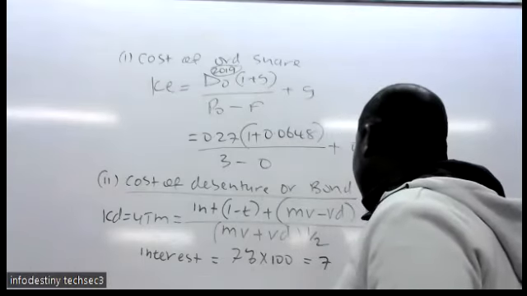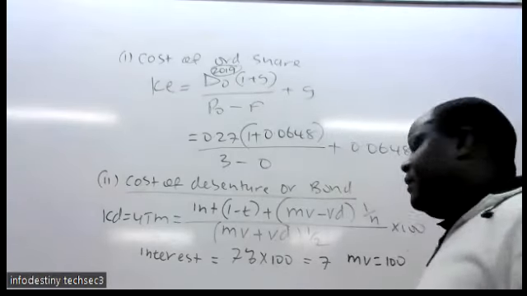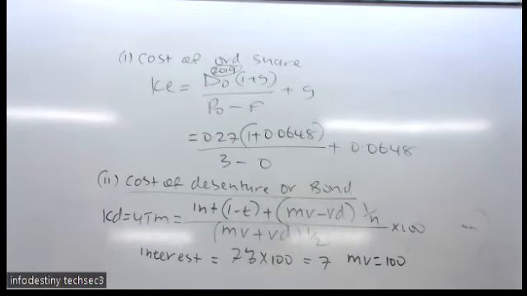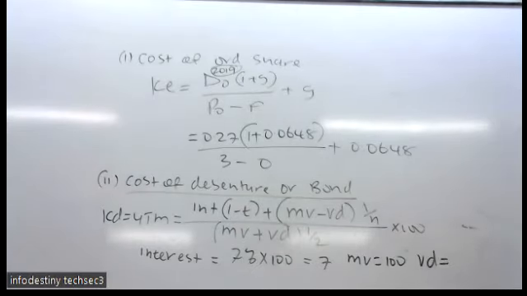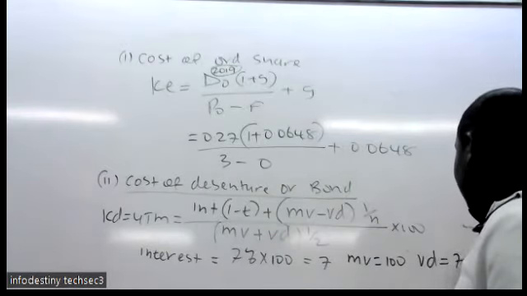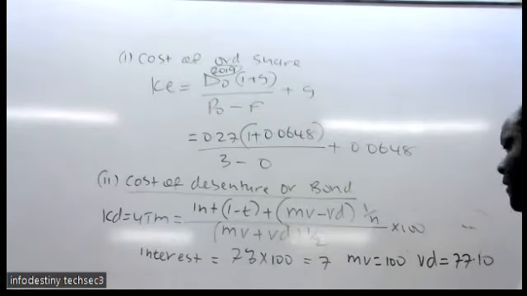Maturity value, unless otherwise stated, is the same as the nominal value, the par value. Then the current value for the debenture, in note number 3, is 77.10.